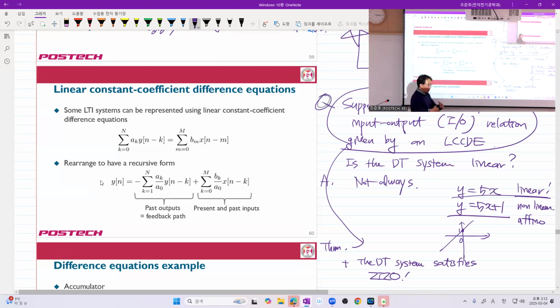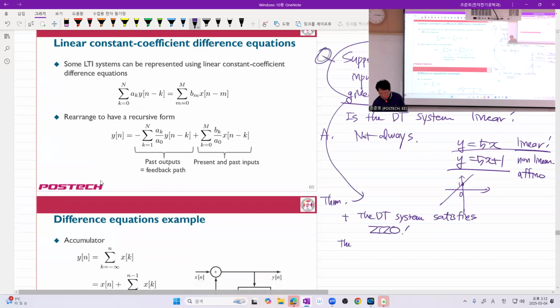So you apply an all-zero signal to a DT system whose I/O relation is described by an LCCDE. The input is all zero, and you find the output is an all-zero signal. Then this DT system is LTI. So it's not only a linear system, it's a time invariant system.